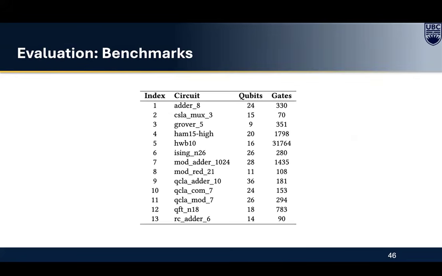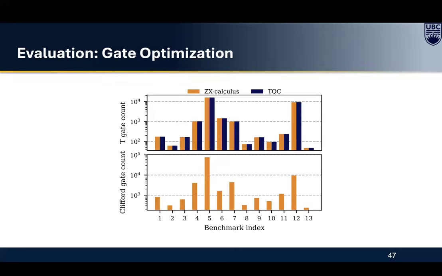To evaluate this, we choose 13 fault-tolerant benchmarks, and they span different qubit numbers and gates. The first result I'm showing here is, as compared to the ZX calculus, how many T gates or non-Clifford rotations we can reduce.